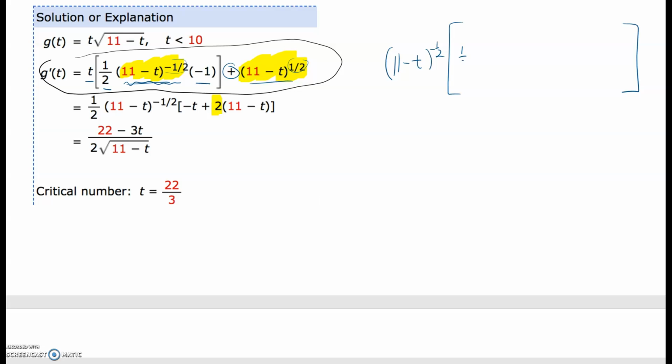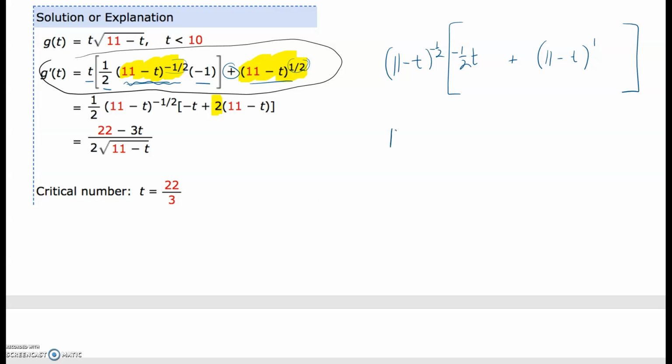So that's 1/2 t, make it negative. And then over here, if you factor out the negative 1 from this, you should get plus 11 minus t, all to the first power, right? Because if I multiply that by that, I get that. Okay, so what they did, because they don't want this 1/2 in these parentheses, basically we want to combine like terms in here, right?